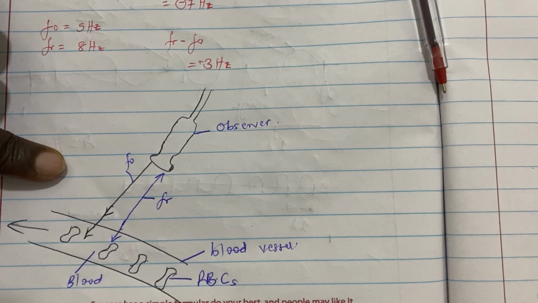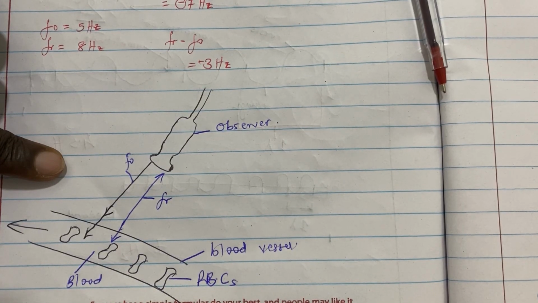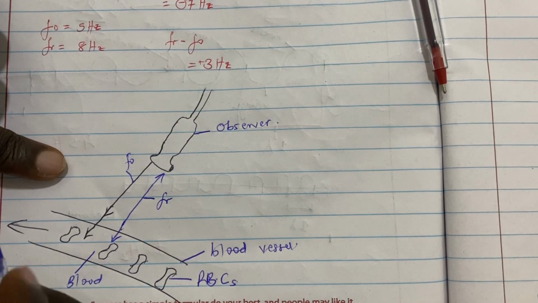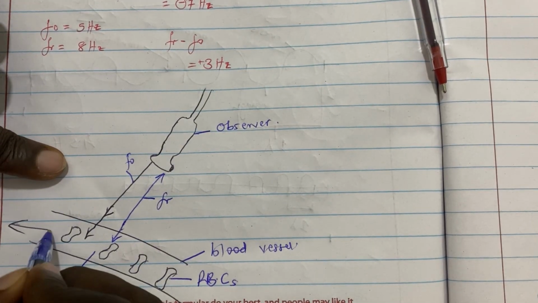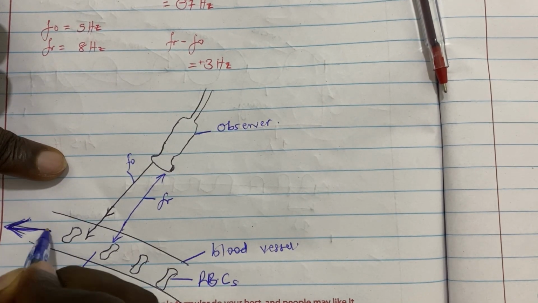So when this ultrasound comes and hits this red blood cell, it can be moving away or towards the probe, depending. This is a blood vessel. For this time, it is moving in this direction. Is this direction away or towards the probe?